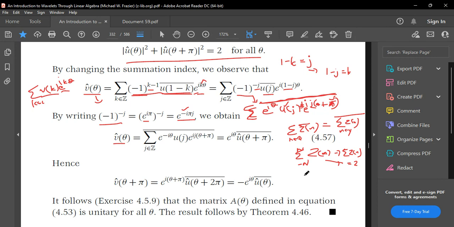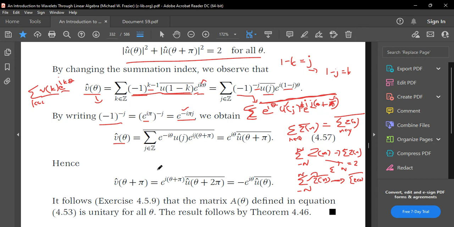Now you try for the convergence of the sum from minus n to n of the conjugate of z of n. You try for this series, how it converges, and prove that the limit will be equal to the summation of the conjugate of z of n. You can prove it by taking epsilon n, or else I will give it. If you don't get it, you approach me. You can Google also, you can get the proof of this result.